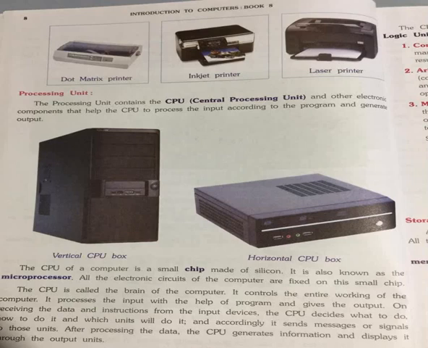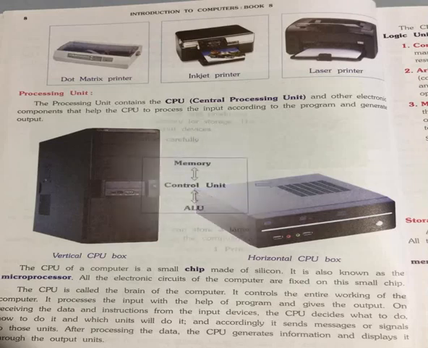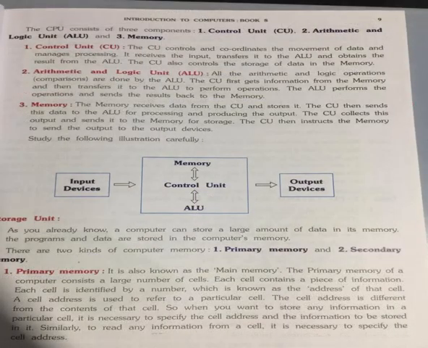After processing the data, the CPU generates information and displays it through the output units. When the work given by the input units is completed and processed by the CPU, the output will be displayed on the monitor. Now there are three components of the CPU.